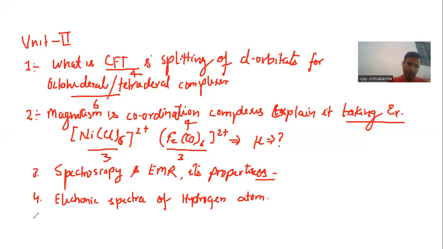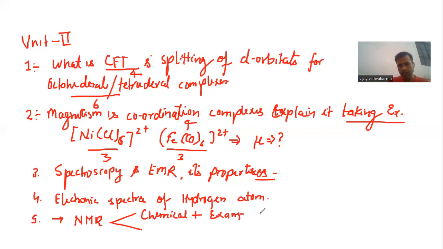And the last question, NMR. NMR has two parts, chemical shift. If they ask chemical shift, then they ask you for an example, and here you have to take the example C2H5OH, that will be ethanol.